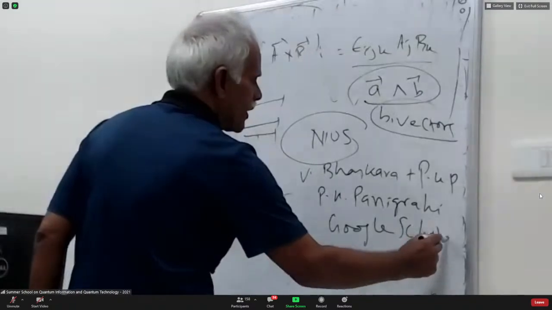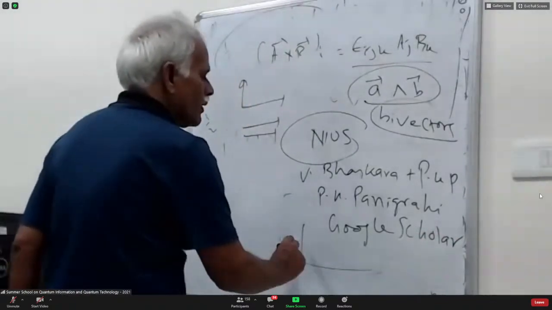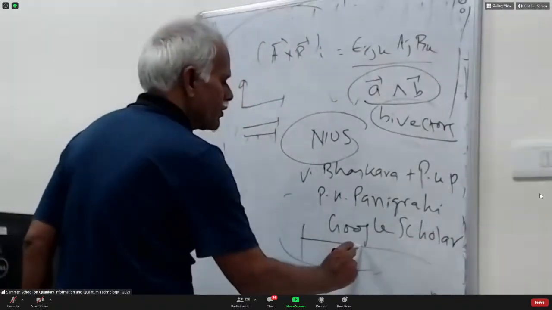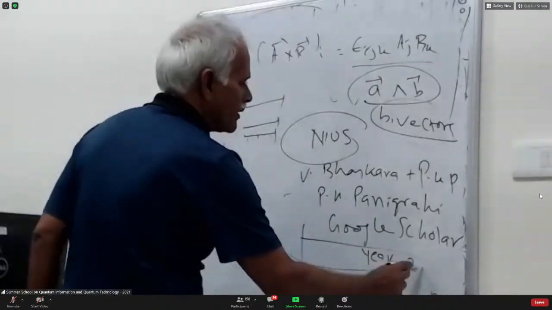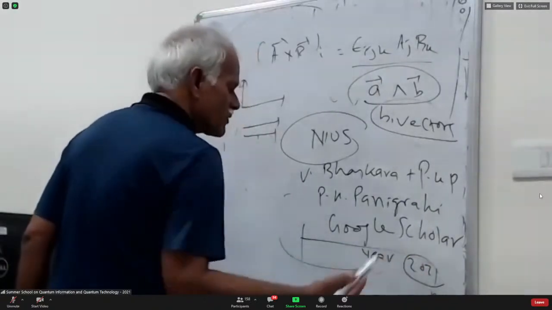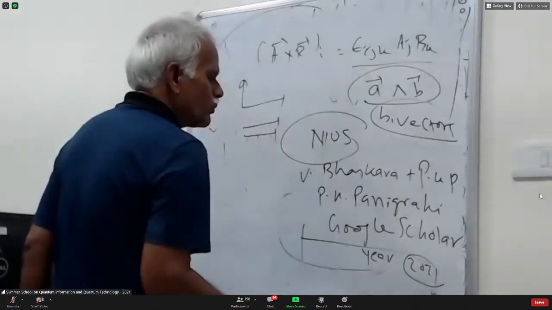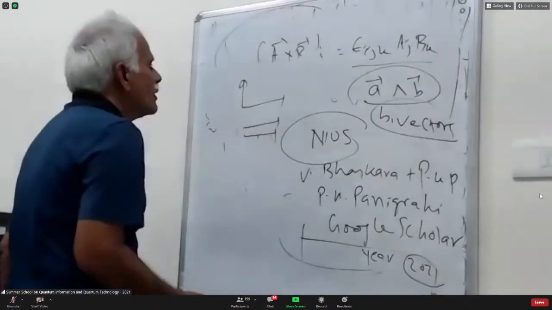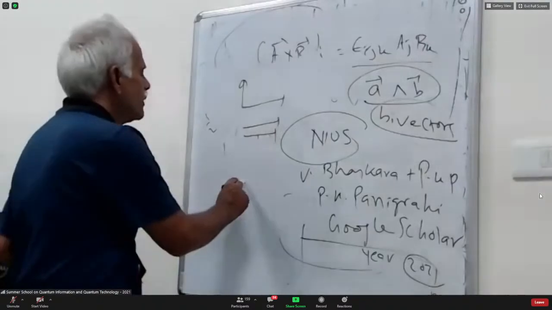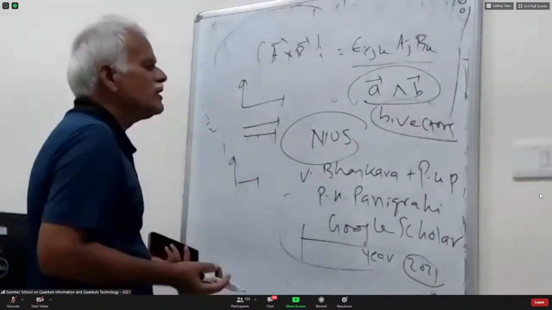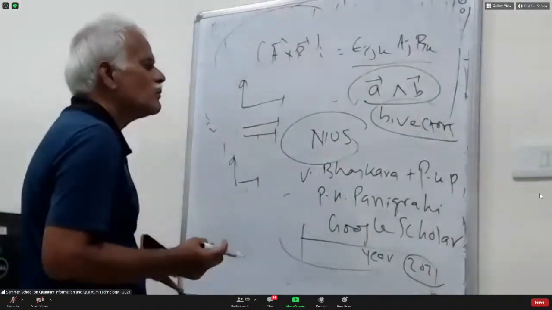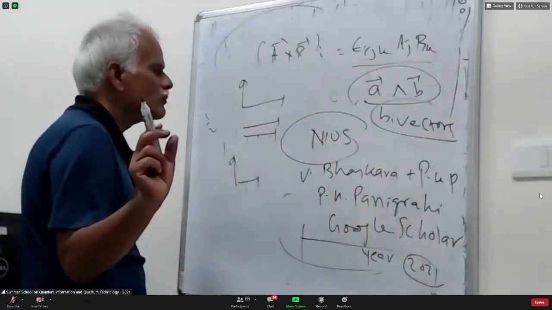This is where I keep track of my citations. If you search from the year 2021, we have a couple of very recent papers in which we have shown that vectors being parallel or perpendicular is the key to understanding entanglement, just vectors, nothing more than that.